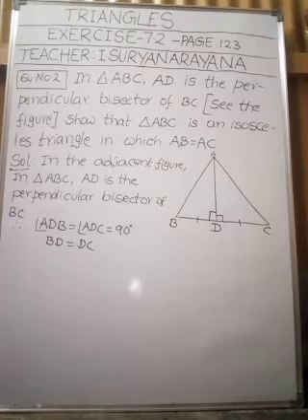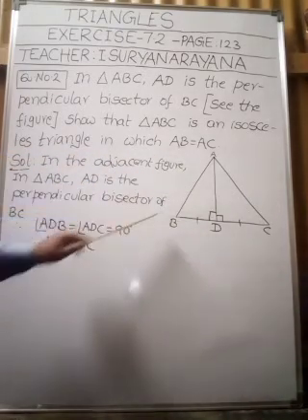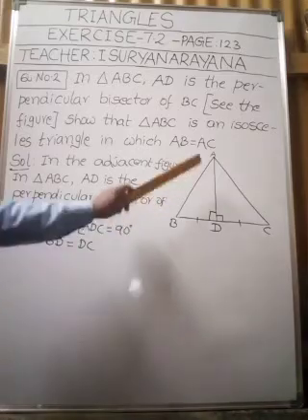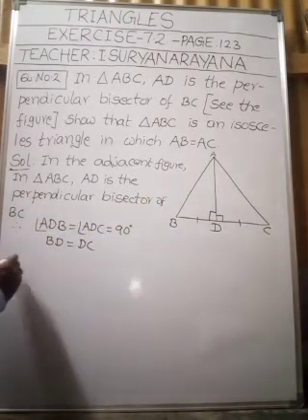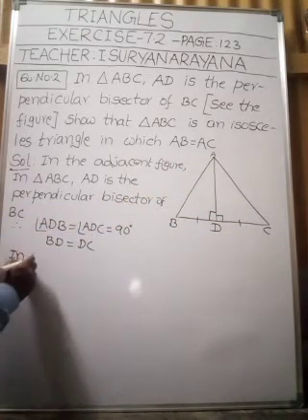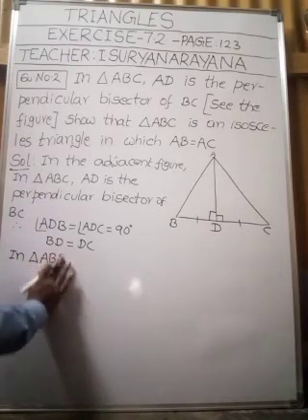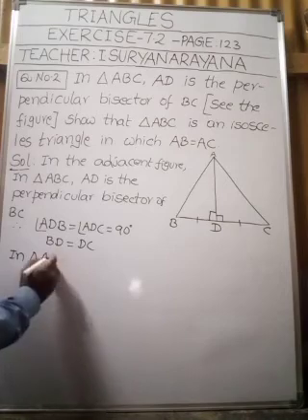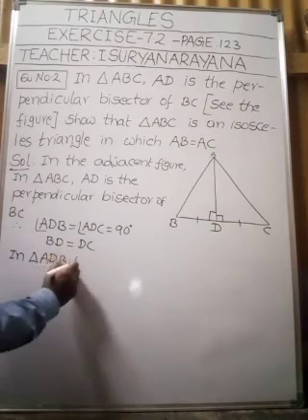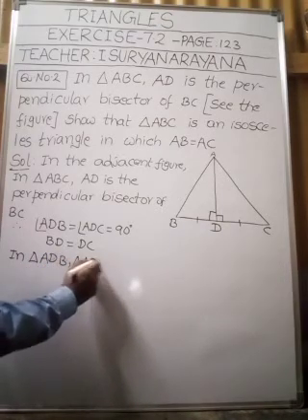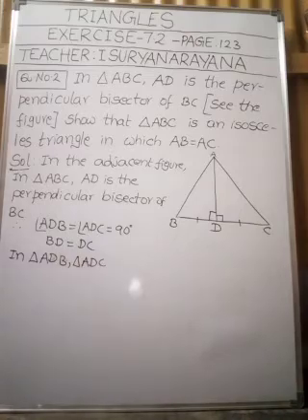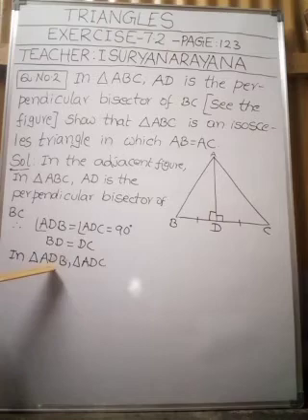To prove this statement, let us take the triangle ADB and the triangle ADC. In triangle ADB, we are comparing the corresponding parts. So what I said, you have to draw the rough diagram of these two triangles.